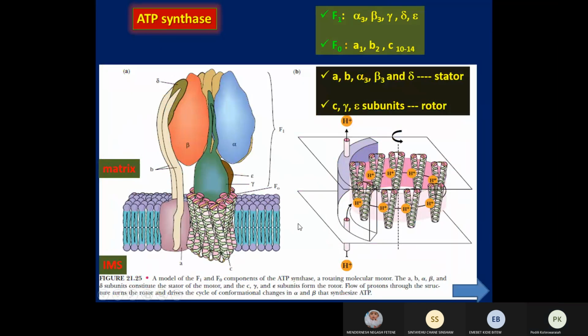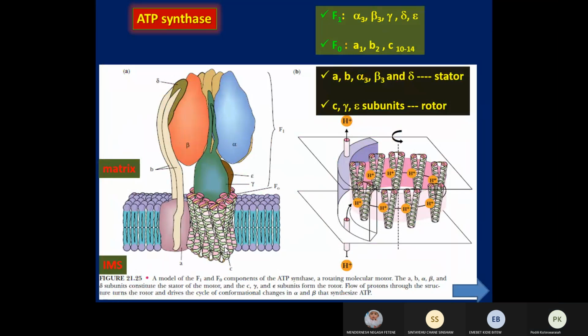The enzyme is embedded in the inner mitochondrial membrane. The F1 has a knob-like structure, whereas the F0 has a stalk.